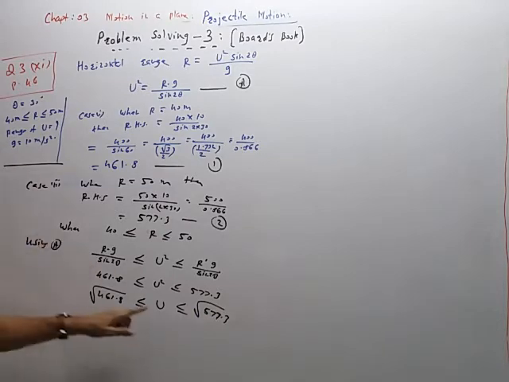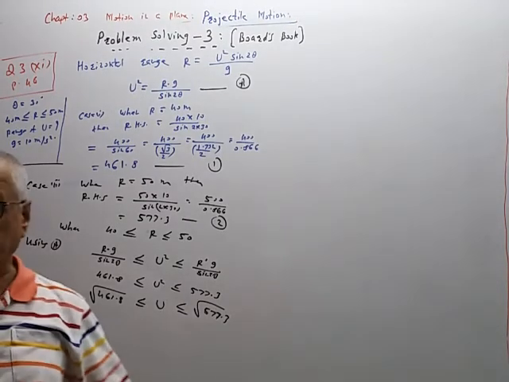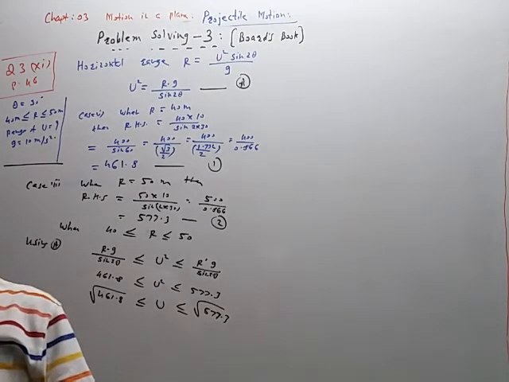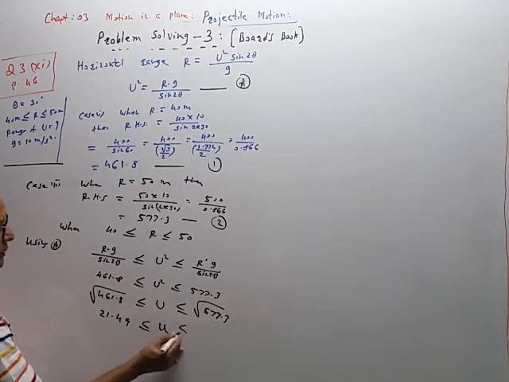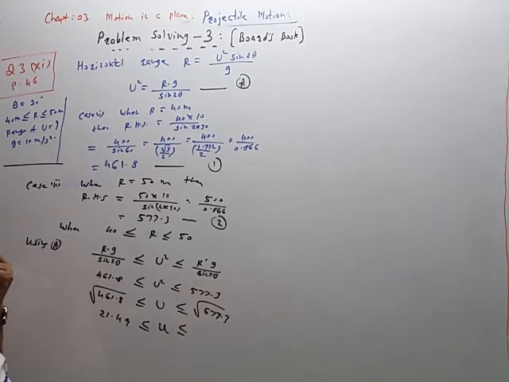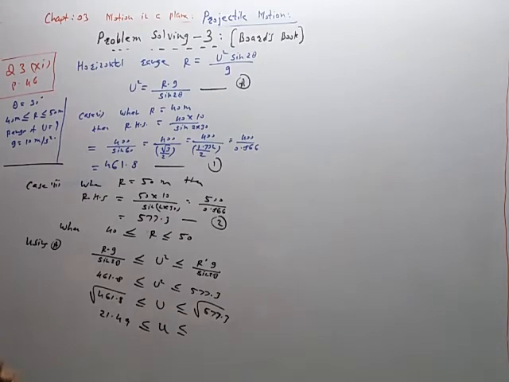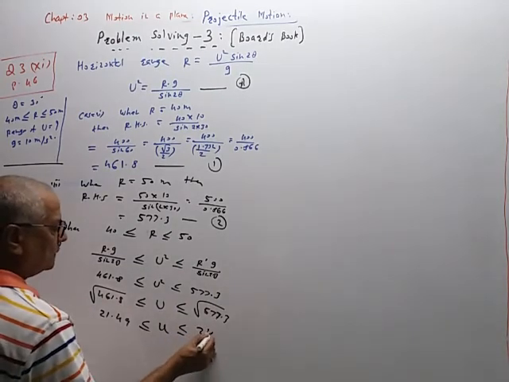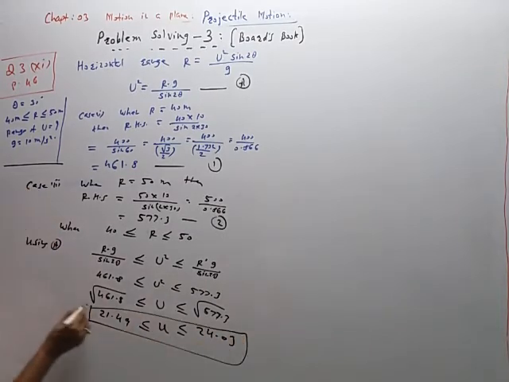So you have to find the range of u. So the range of u is this. Approximately, it is given in our board book as 21.49, less than or equal to u, less than or equal to 24.03. This is the range, so this is the answer.